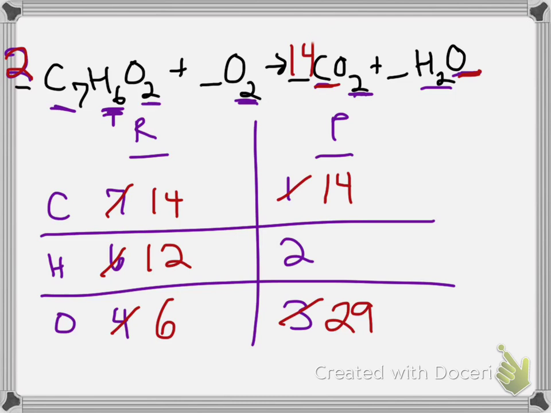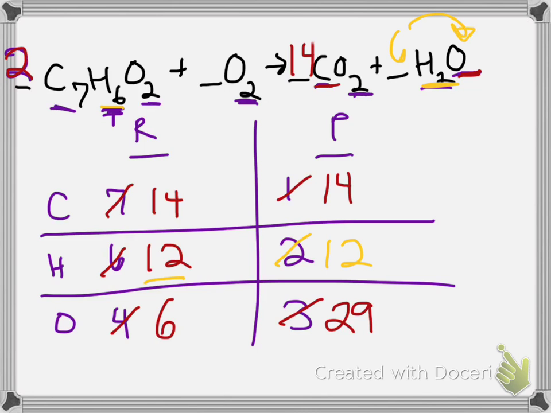So now let's balance our hydrogens. Here we have a total of 12, and here it's 2, so something times 2 needs to equal 12, so 6 times 2 will give us 12 hydrogens. So now our hydrogens are balanced, but this 6 also affects that oxygen.